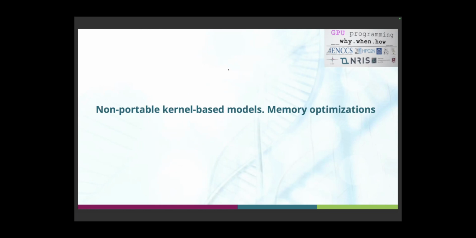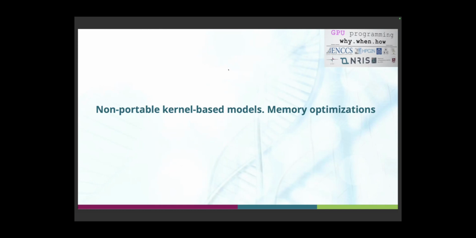And one of the optimizations that is, in a way, easy to control as a programmer and can have a huge impact on performance is memory optimization. And we have two memory optimizations. One of them is how to optimize when you have to transfer data from CPU to GPU.